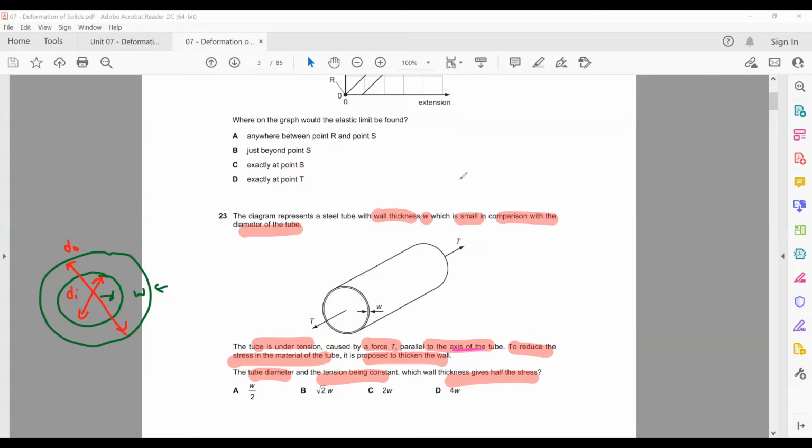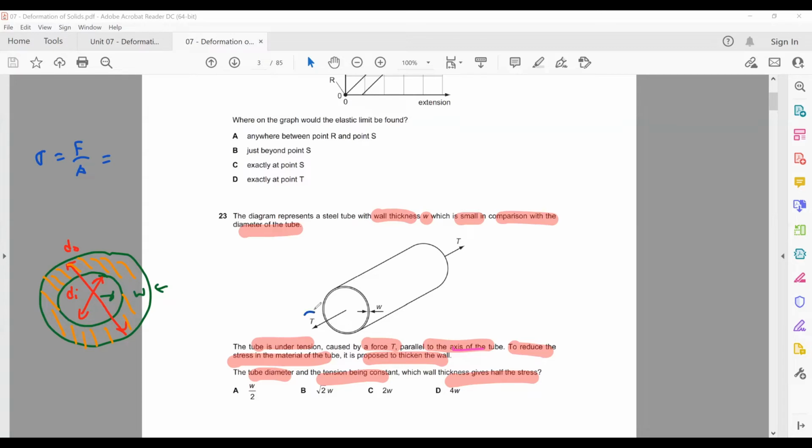Strictly speaking, you want to find out the stress. The stress here is the force acting over this cross-sectional area. So if you are talking about the stress acting on the tube itself, what you may have thought is that stress is force over area.